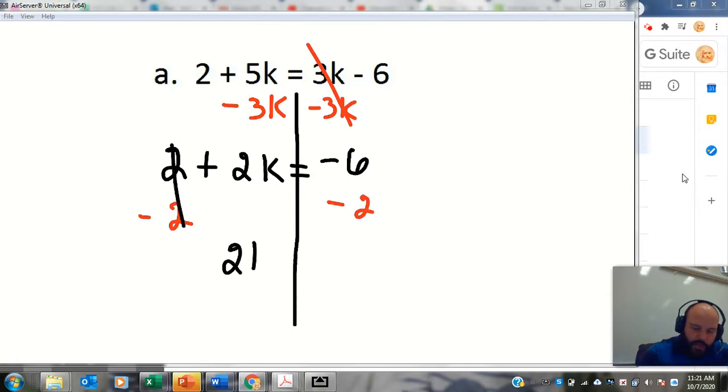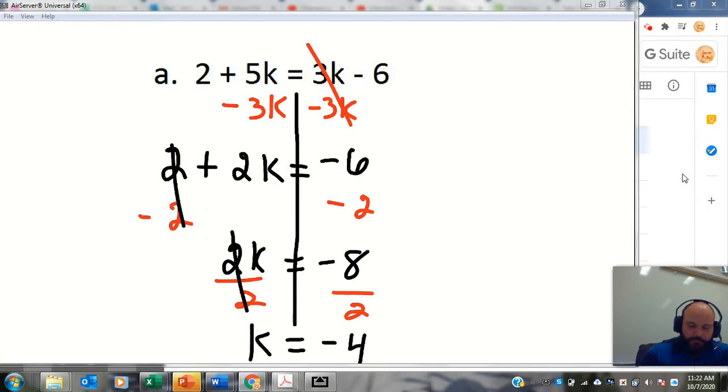I'm left with 2k equals negative 8. And last thing, because it's 2 times k, I'm going to divide this side by 2, and this side by 2. When I do that, these cancel, and k is equal to negative 4. There's my solution. k is negative 4.